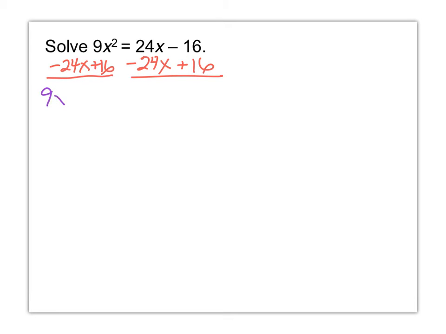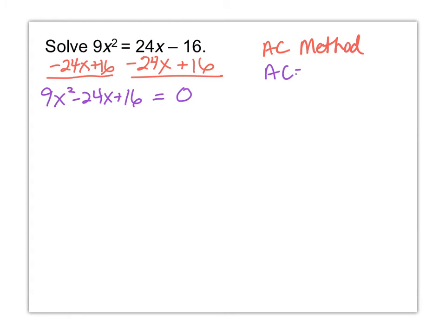By moving those over to the left side of the equation, the right side of the equation will equal 0. So we get 9x squared minus 24x plus 16 on the left side of the equation, and that's equal to 0. Now we can see that we have a trinomial. This is not a simple trinomial, so you could use the AC method. For the AC method, you multiply A and C together.